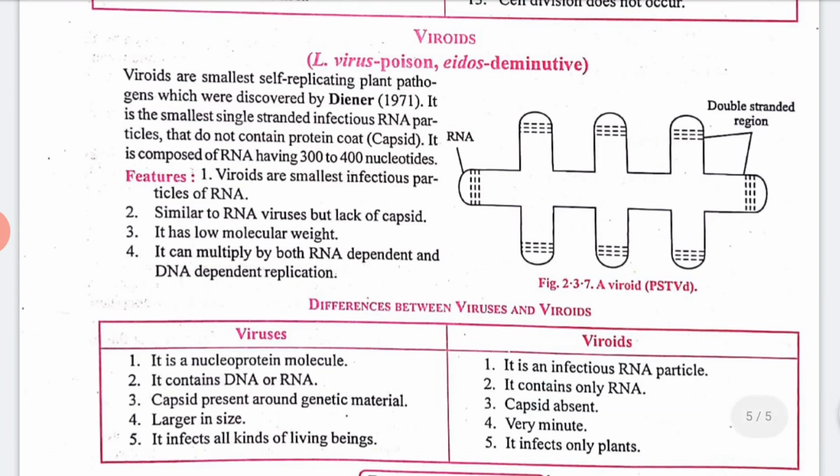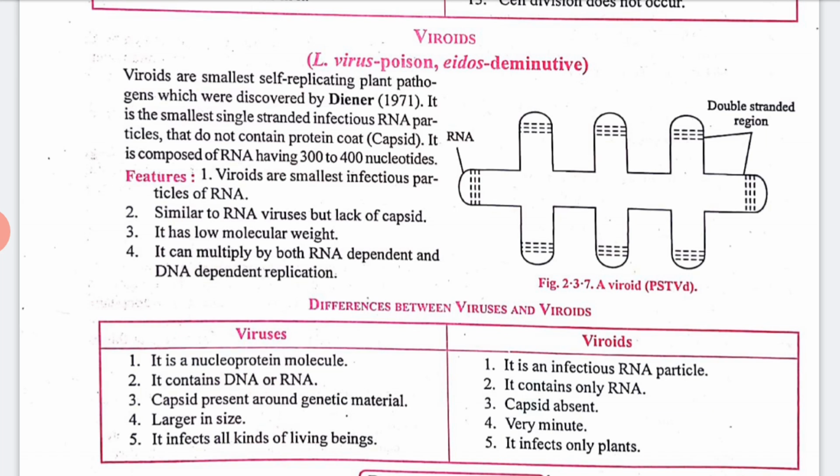Viroids are the smallest self-replicating plant pathogens, which were discovered by Diener in the year 1971. It is the smallest single-stranded infectious RNA particle that does not contain a protein coat, that is, a capsid, and it is composed of RNA having 300 to 400 nucleotides.